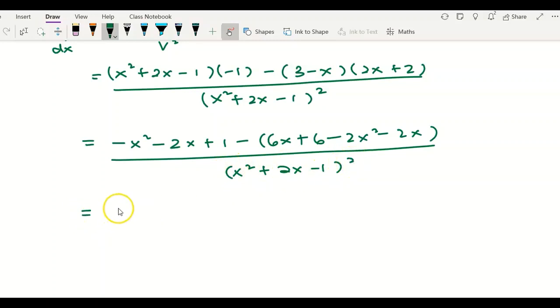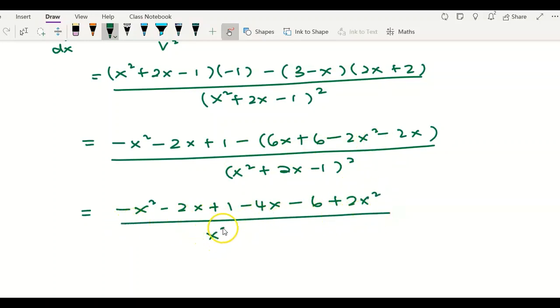After that, we combine the like terms. Before I combine, I settle the sign first: here I get 6x minus 2x, I got negative 4x, and negative 6. Negative multiplied by negative, you got positive 2x squared, over v squared.